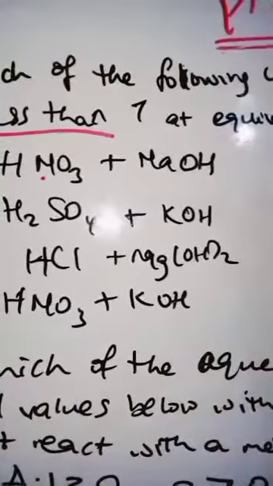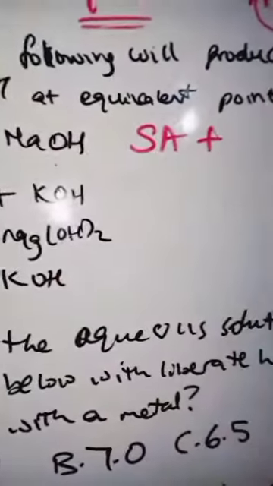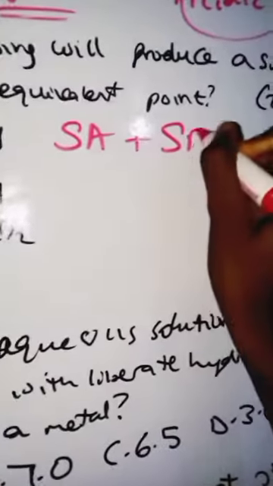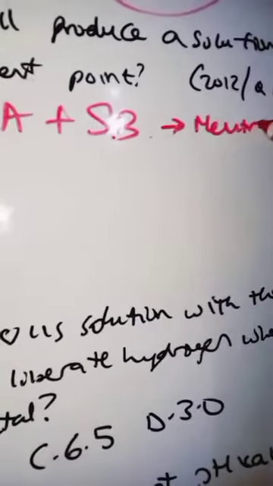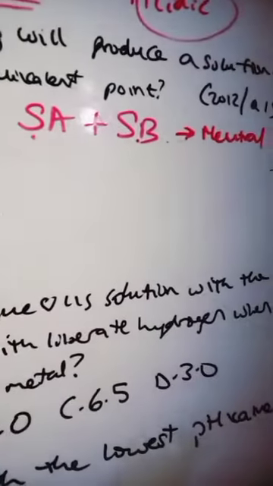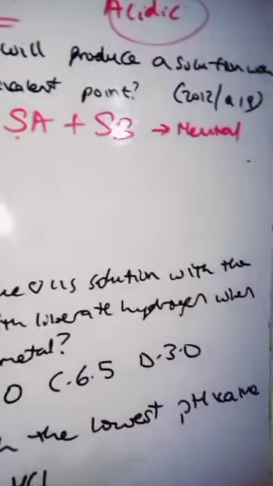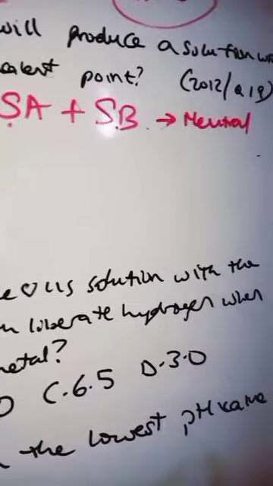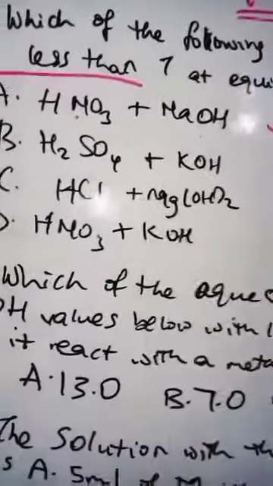HNO3, that's a strong acid, right? Plus NaOH, a strong base. Strong acid plus strong base will give you a neutral solution. What if you have strong acid and weak base? That will be an acidic solution. What of weak acid and strong base? A basic solution. But strong acid with strong base, or weak acid with weak base, is a neutral solution.